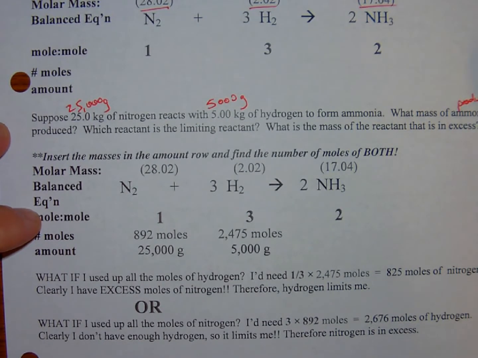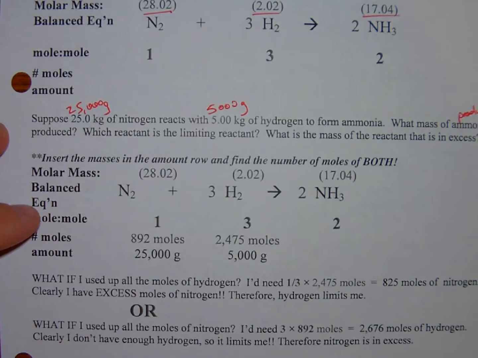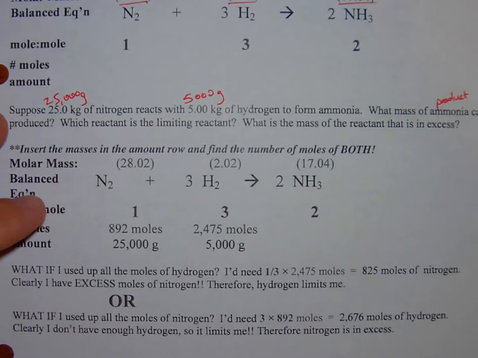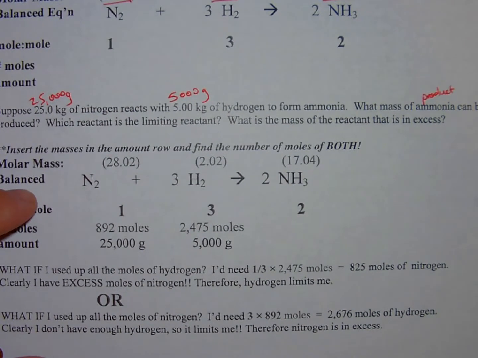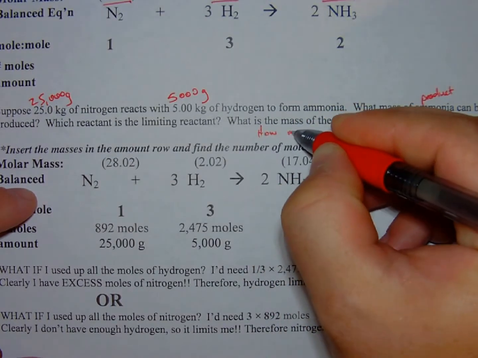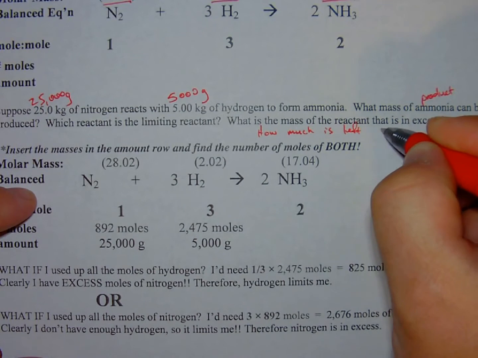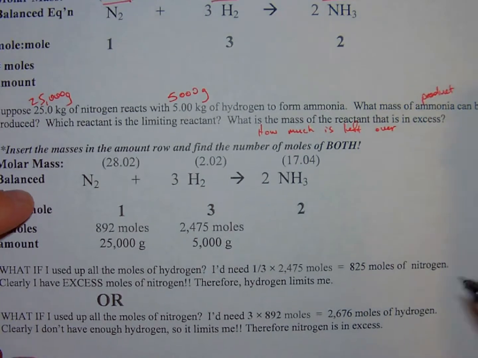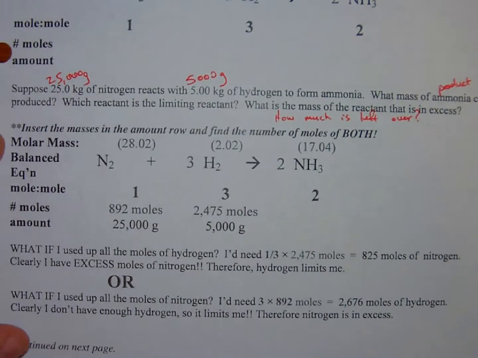So we want to know how much of the product can be produced. We also need to know which reactant is the limiting reactant. And lastly, what is the mass of the reactant that is in excess, right? So that is to say, how much is left over, after the reaction has taken place.